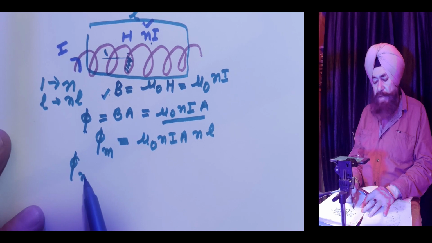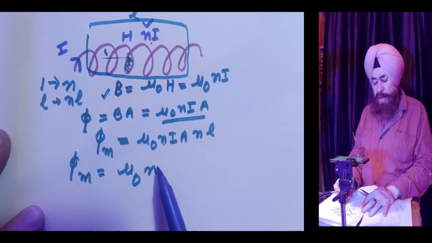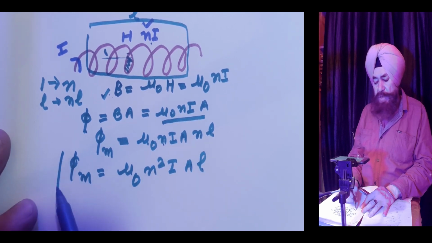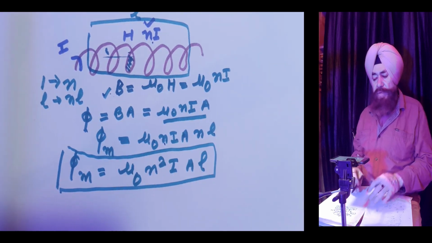So total flux becomes mu naught N square I A into L. This is the total flux linked with the coil.